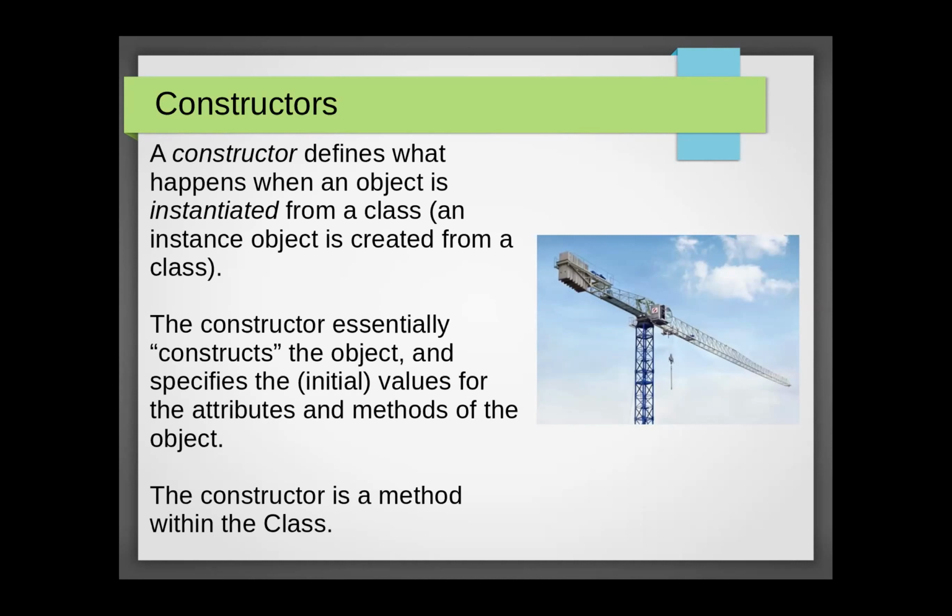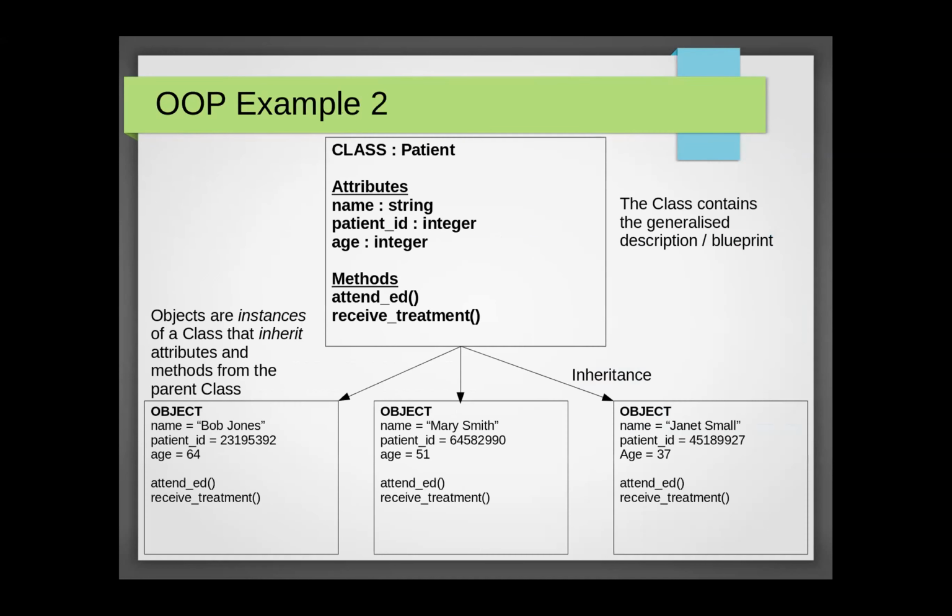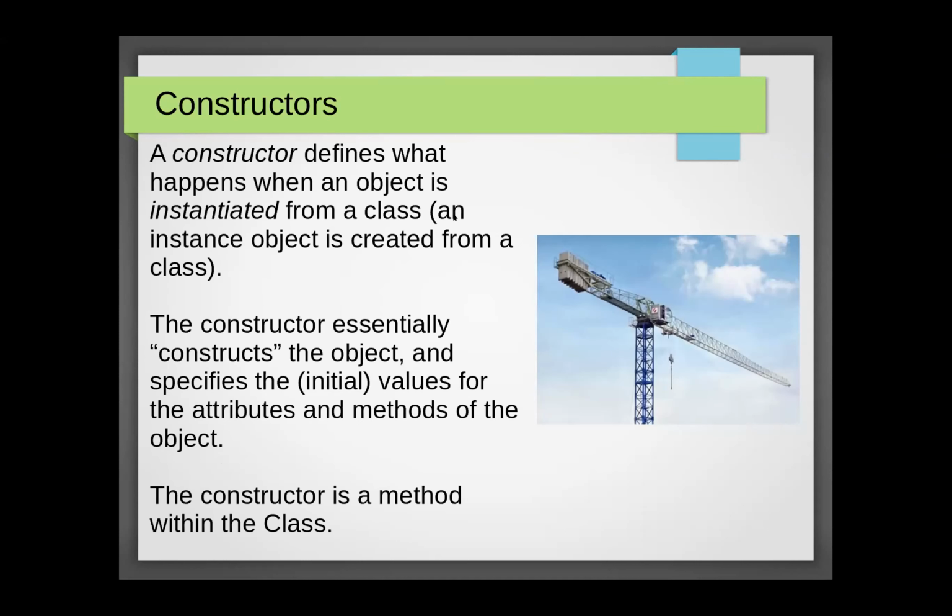You would then set up your patient, and the constructor would allocate that patient ID. So your constructor moves you from this general blueprint here to the object here, constructs one of these made up from the blueprint specified in the class. So we don't specify it here, but always one of the methods will be the constructor.